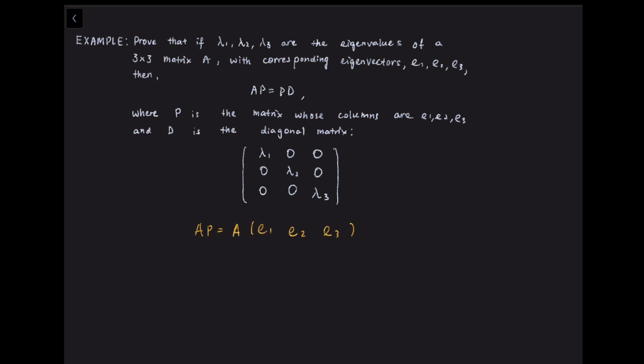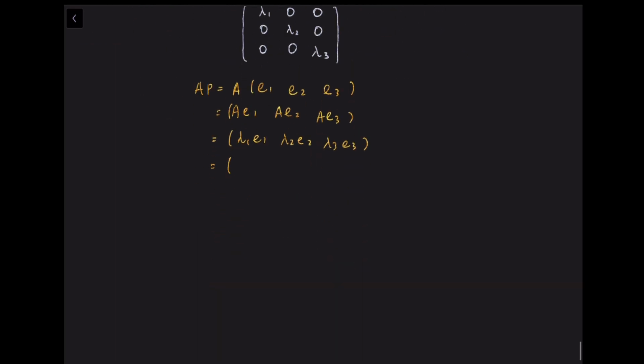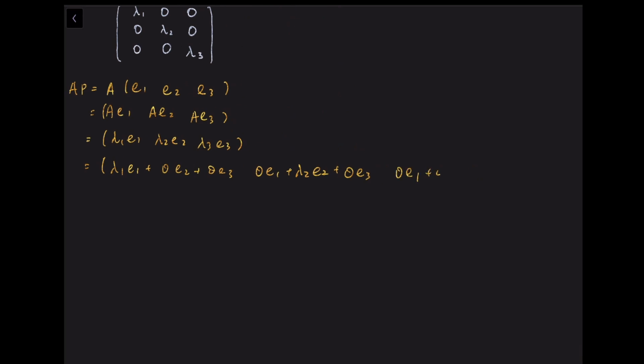And we know that Ae1 is lambda 1 e1, Ae2 is lambda 2 e2, and Ae3 is lambda 3 e3. But we can also rewrite them in terms of e1, e2, and e3. And P is e1, e2, and e3.